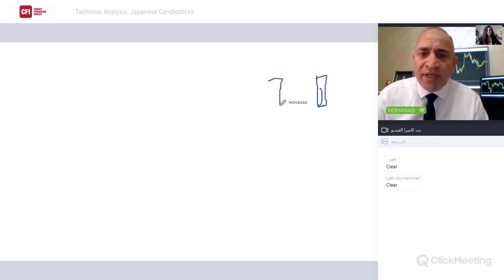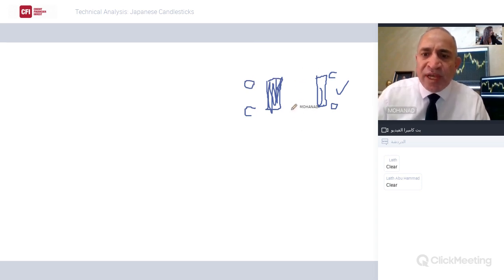We have two types of body: the white one and the black one. The white one means that the close price is higher than the open price, while the black one means the close price is lower than the open price. This is what the body of each candlestick consists of. The upper shadow represents the high, while the lower shadow represents the low price in the market.